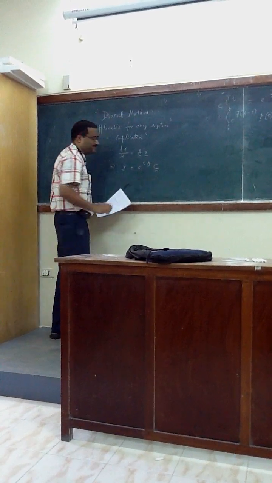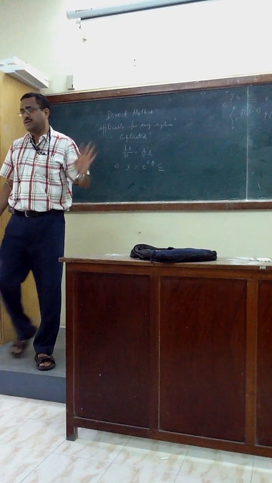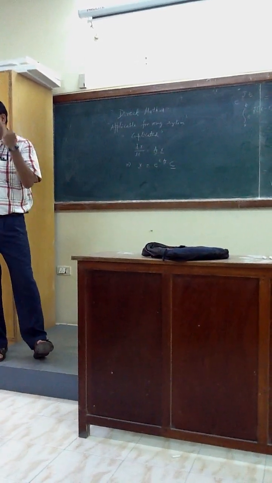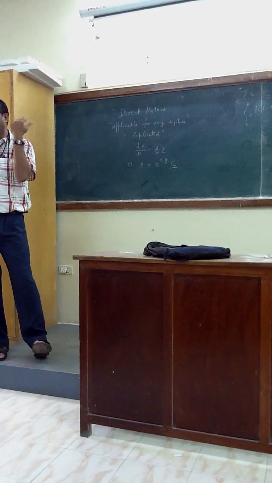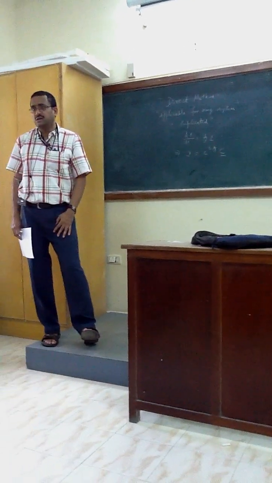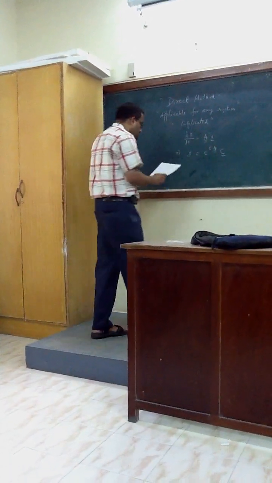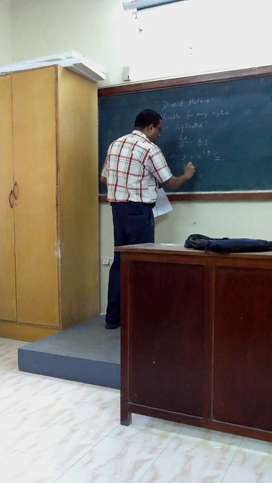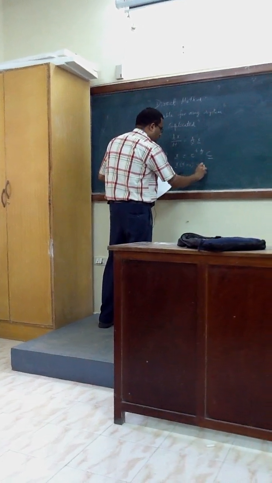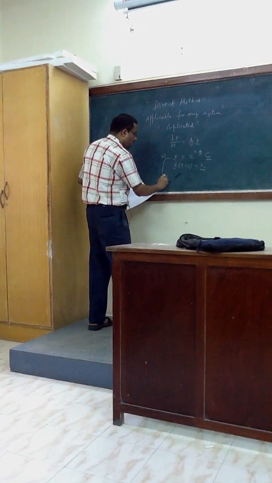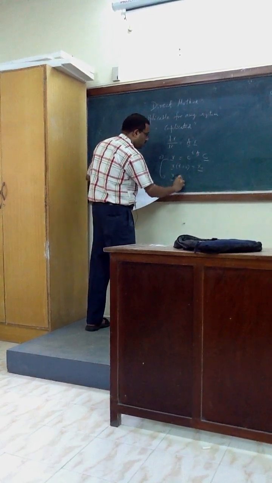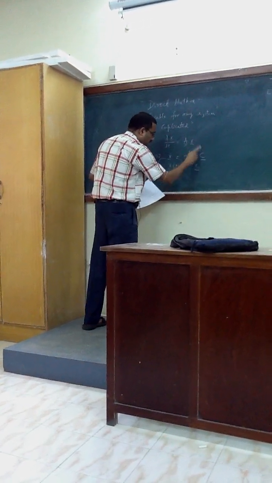The initial condition is x(t=0), which is x0. So from here, what do you get? x0 equals e to the power tA at t equals 0, into c, and this is nothing but the identity matrix. You can go home and verify.